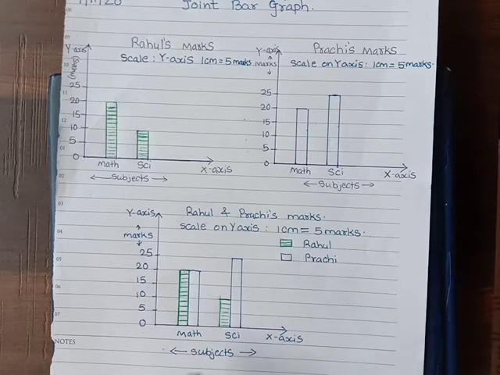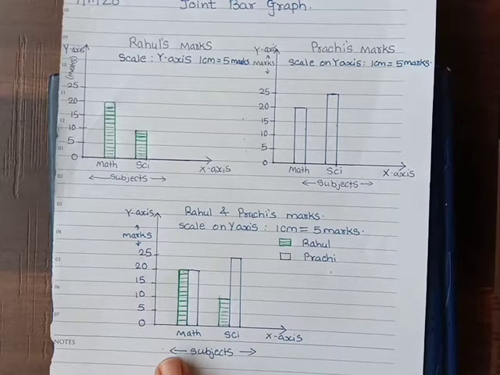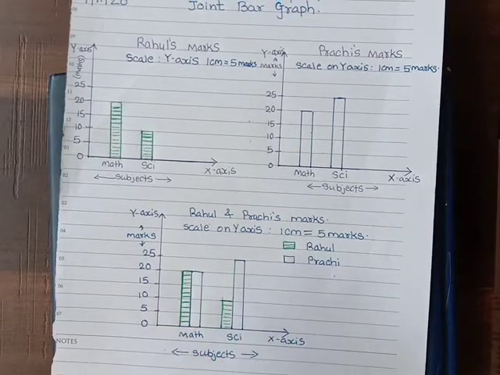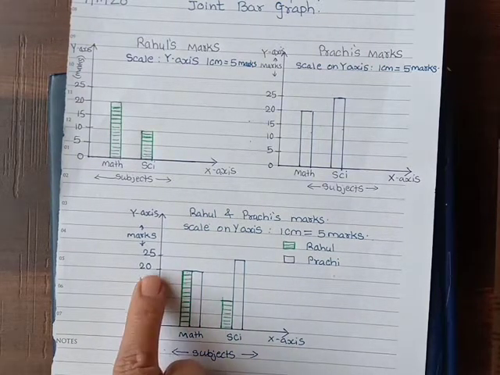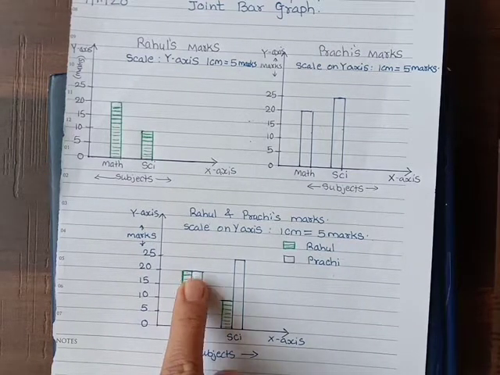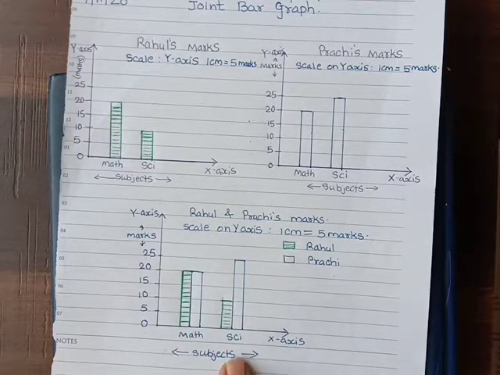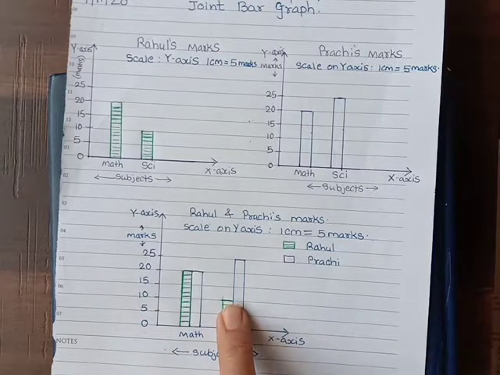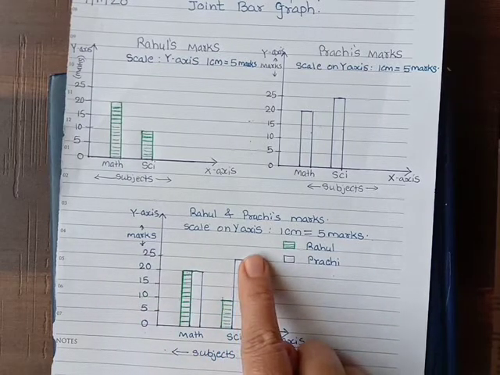As well as there is one more advantage. You can compare the marks of Rahul and Prachi, as well as you can compare the marks of subjects. See, looking at the graph, what can I say? In maths both have scored the same marks. I don't have to see how much they have scored, but at least I can tell they both have scored the same marks in maths. And in science, Rahul has scored less and Prachi has scored more.